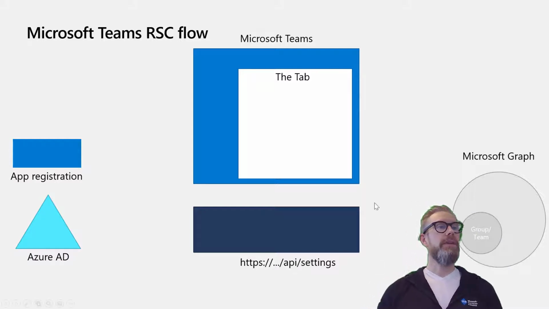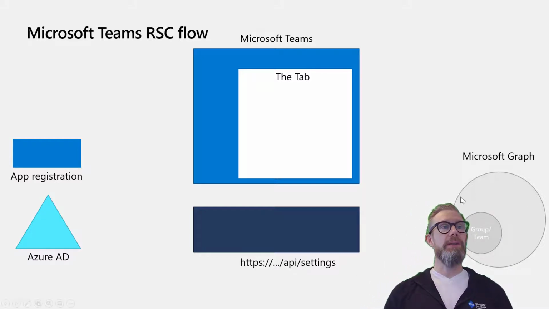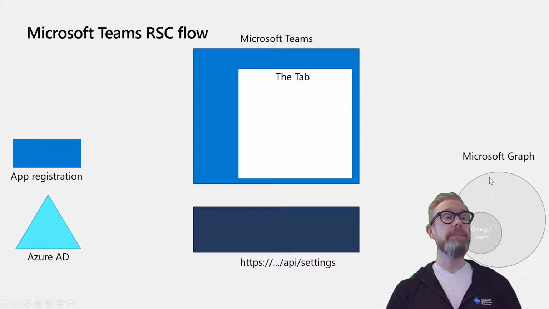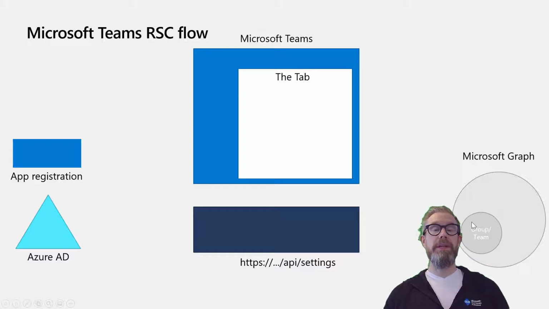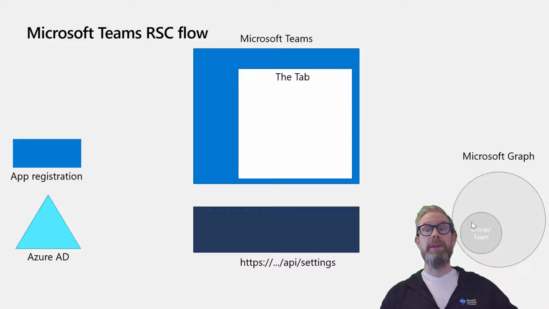So instead of your application having full access to the full Graph and all groups and teams within, or all the settings for all the teams, we can scope that to only the team where the application is installed. So the application owner instead of the tenant owner can grant consent for all the users.